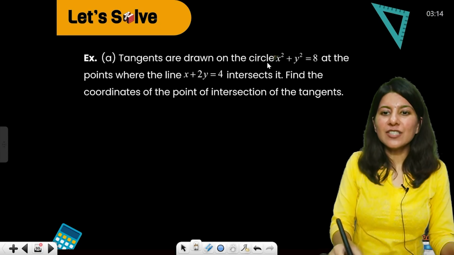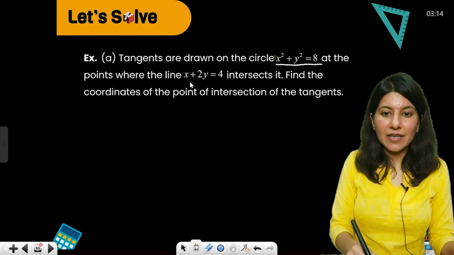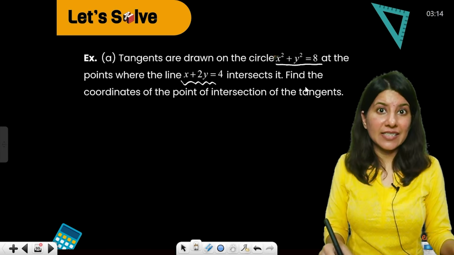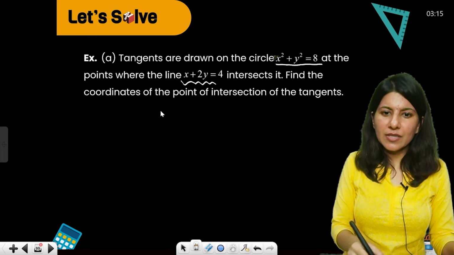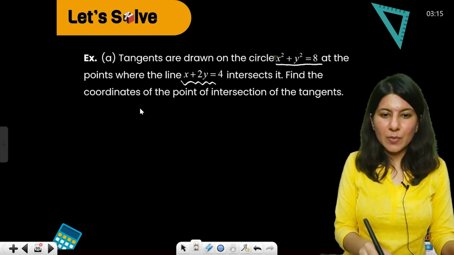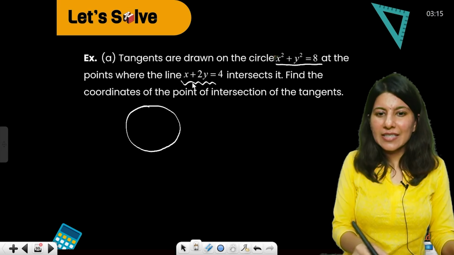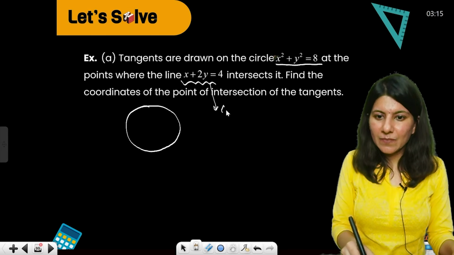Tangents are drawn on the circle at the points where the line x plus 2y is equal to 4 intersects it. So basically what they are giving is actually the chord of contact only. This is COC.